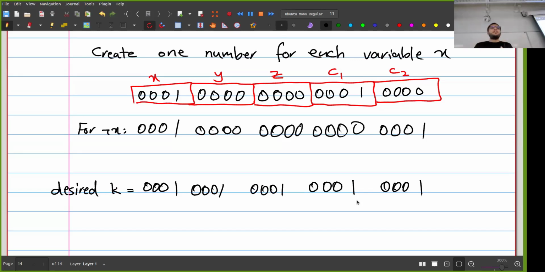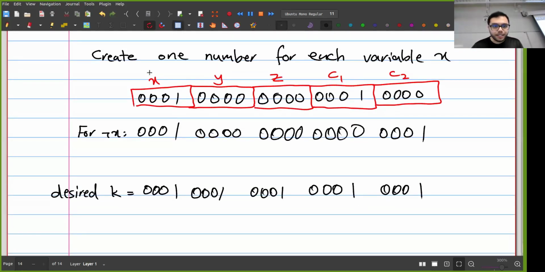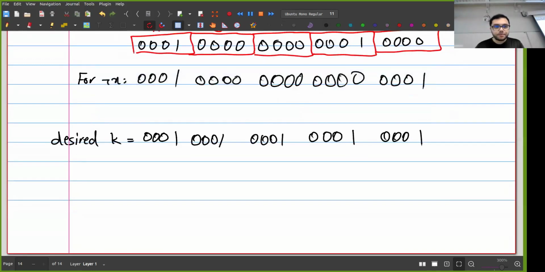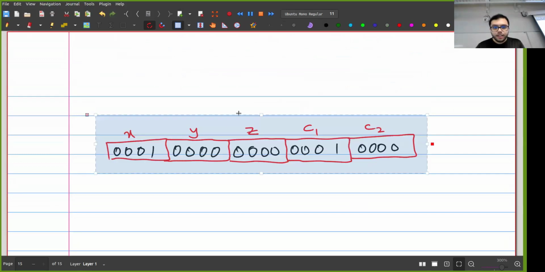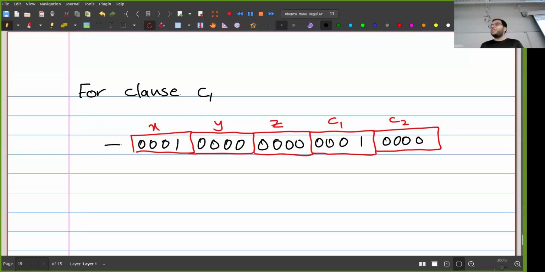So now for every clause, I'm going to add integers that can subtract that clause. Okay, so let's take this. For every clause Ci, for example, for clause C1, I'm going to add this integer. First of all, it's a negative integer. And then it doesn't touch the parts that correspond to variables.